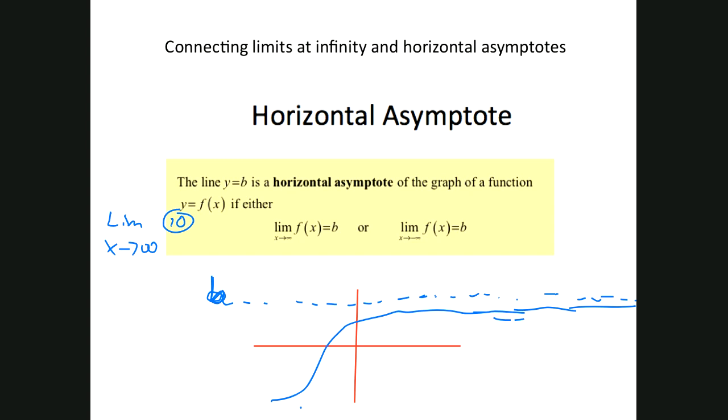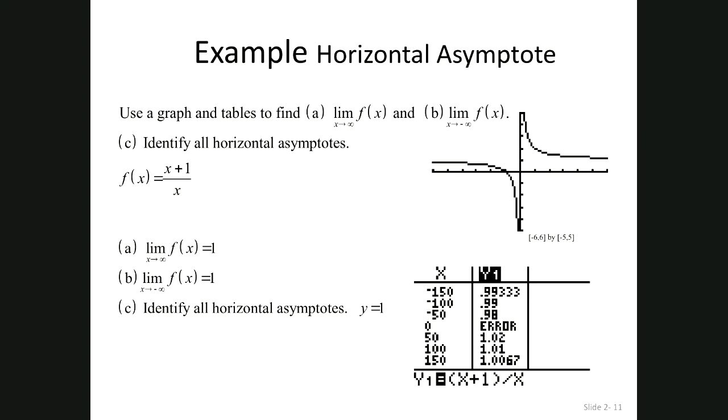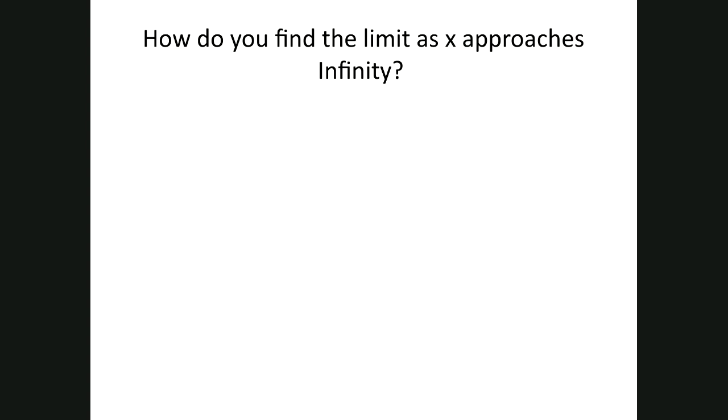Now, how do we find the limits as x approaches infinity? That's the question that we have to be asking, because there's three types of problems that you could have. There's three types I can give you, okay? So I can give you a problem like this.